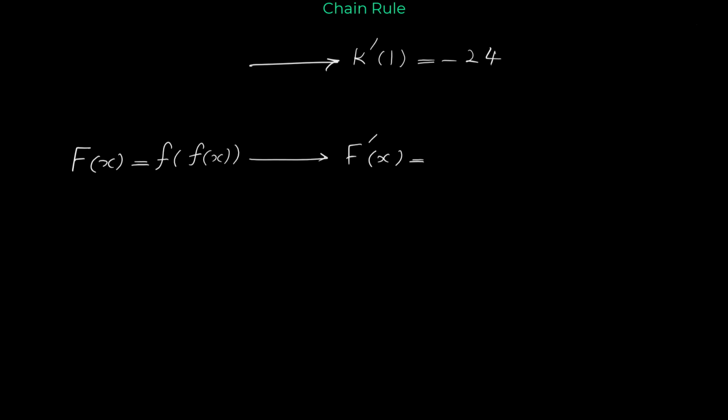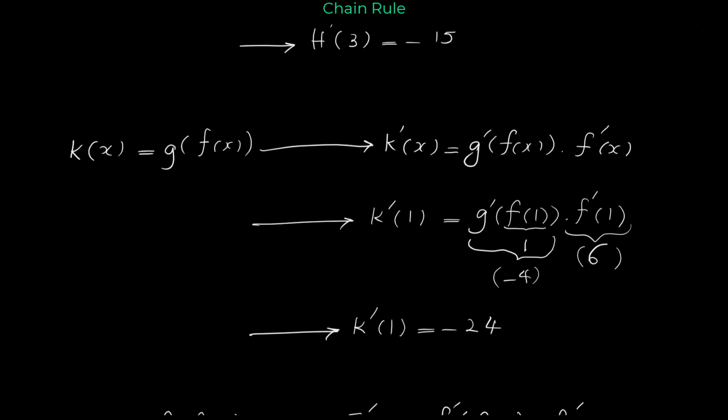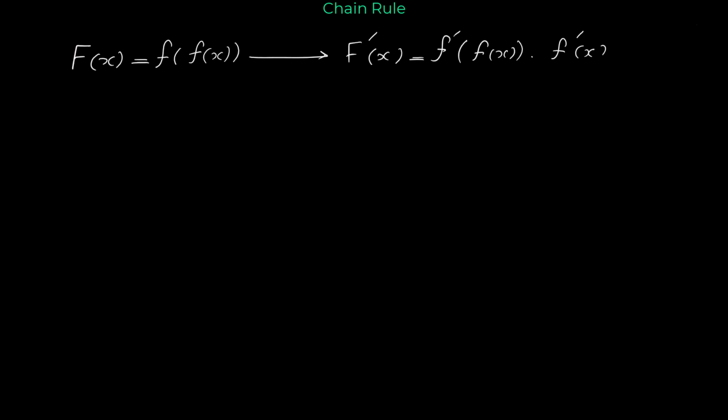Take the derivative of the outside function. The outside function here is f. F prime of f of x, leave the inside, multiply by the derivative of the inside. The derivative of the inside is f prime of x. Now we want to find F prime at 2, so we substitute 2 for x. F prime of 2 would be equal to f prime of f of 2 times f prime of 2.